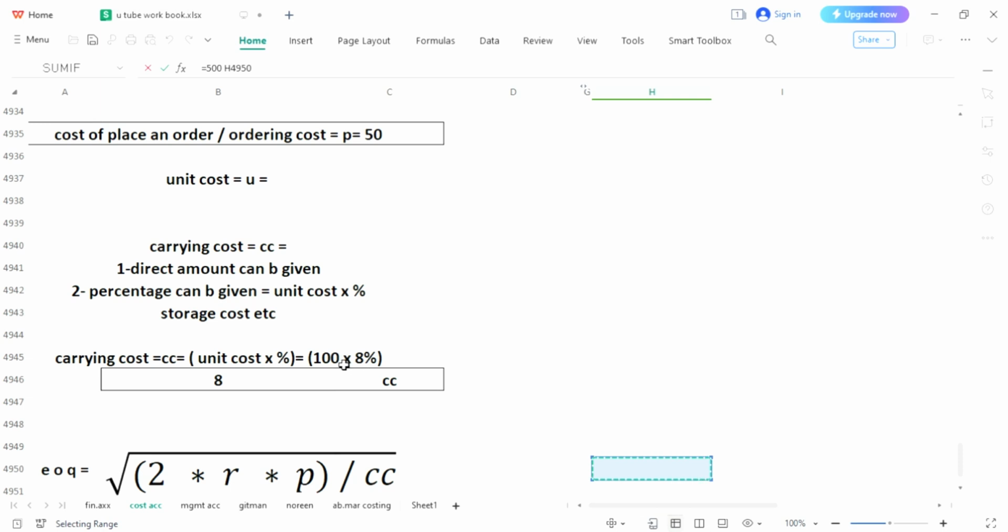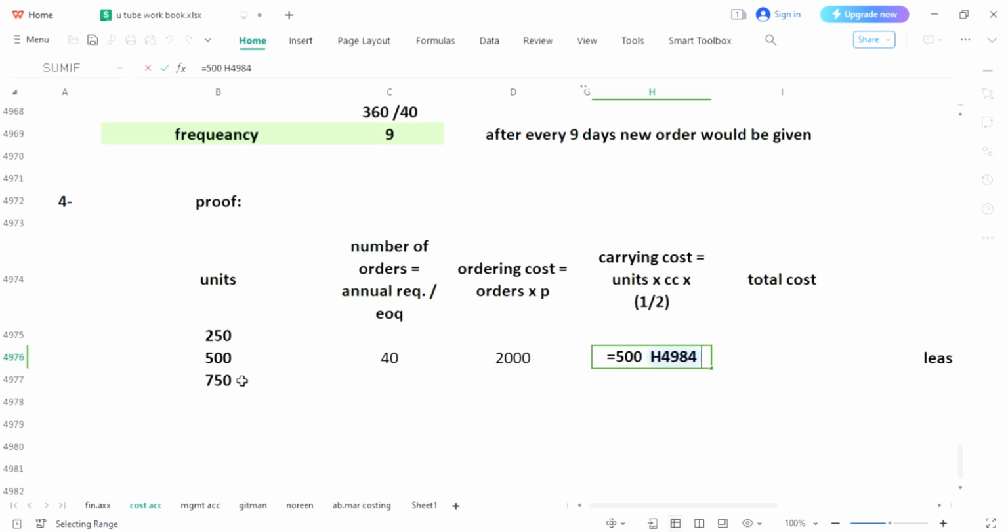Unit cost was given in the question, 8% was given in the question, and we calculated carrying cost as 8. Here you will put multiply by 8. Carrying cost is the number of units multiplied by the calculated carrying cost, and finally you put 1 over 2. 1 divided by 2, when you do it on your calculator, you get 0.5. So we have calculated our carrying cost as well.